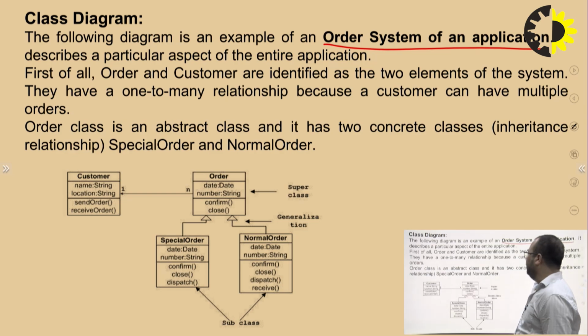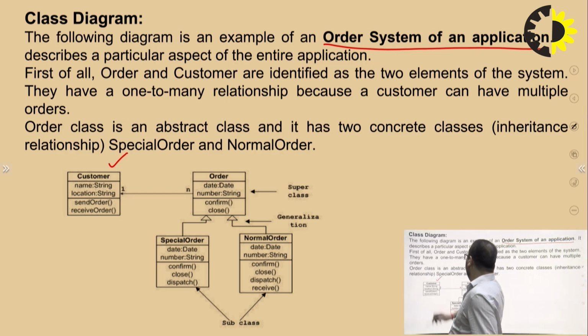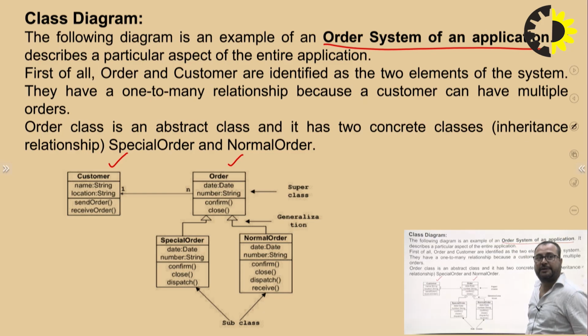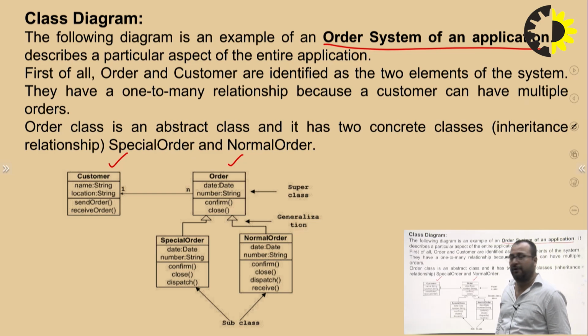So this is the customer class, and this is the order class, and even order could have, say, a special order. Like food processing, whenever a customer orders, it could be mentioned as a special order, whether it is special or normal order.